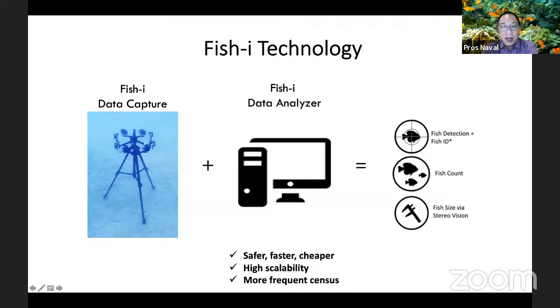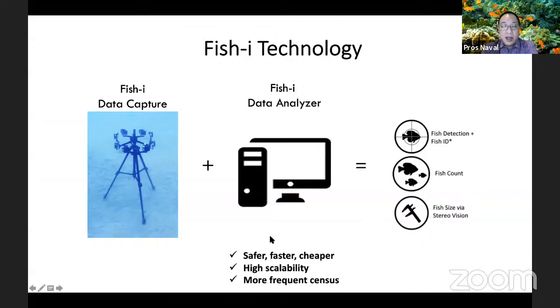We have a fish eye data analyzer, which processes and ingests the data and produces the following results: the fish ID, fish count, fish size, and other information as well.